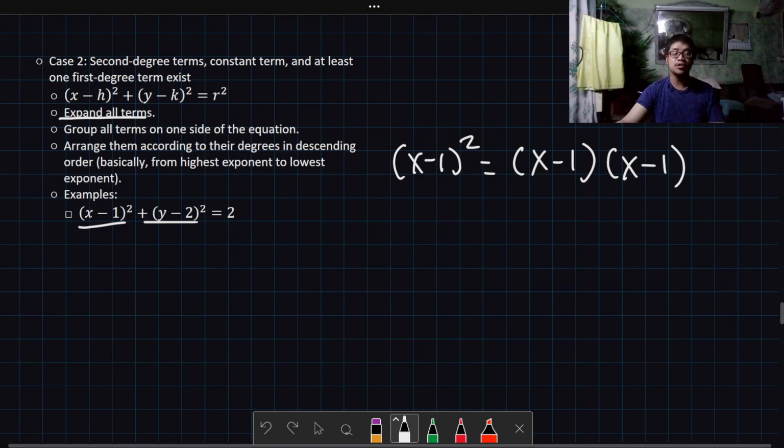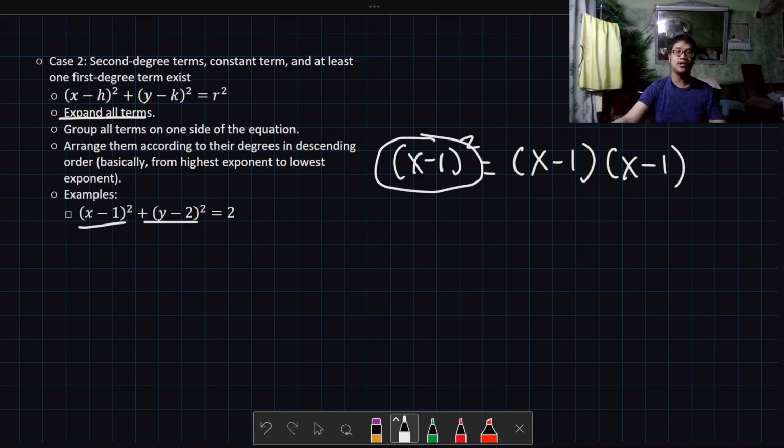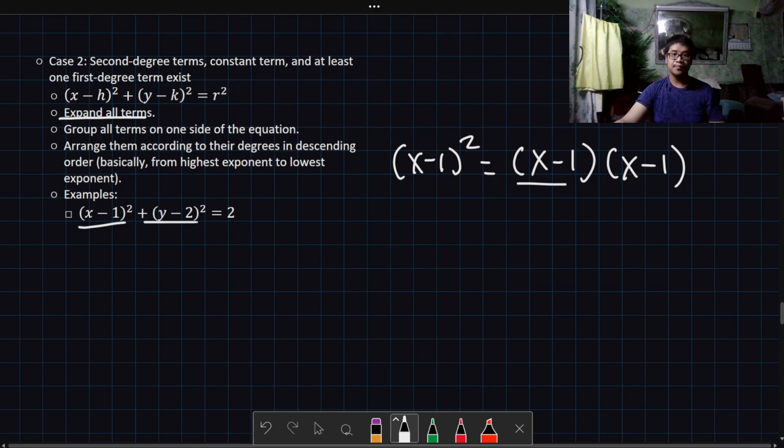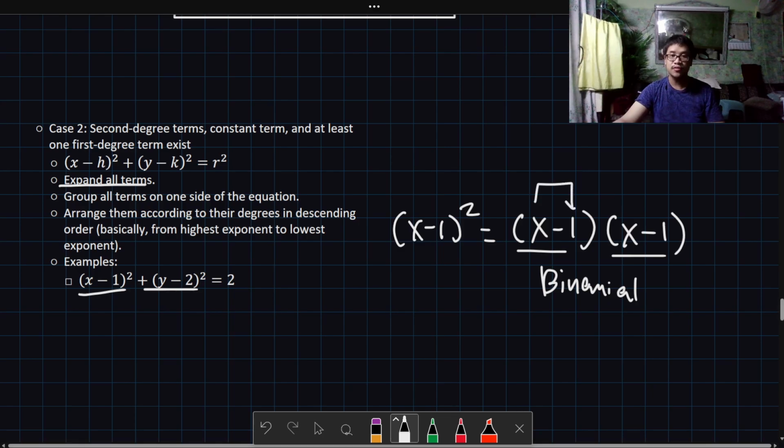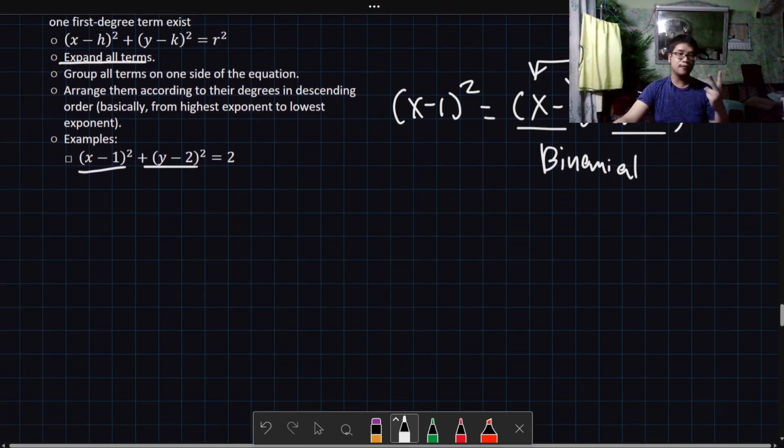So since the exponent is 2, there are 2 x minus 1s for you to multiply together. Now you see, both of them are binomials. A binomial is a type of polynomial that has only two terms, which makes sense because each of them has two terms, x minus 1 and x minus 1.